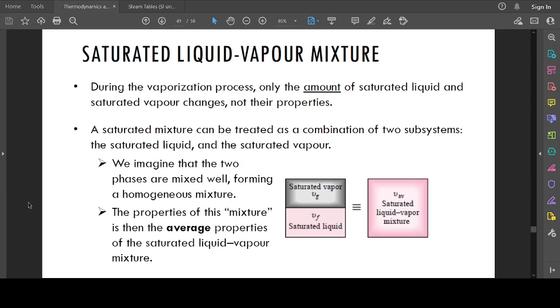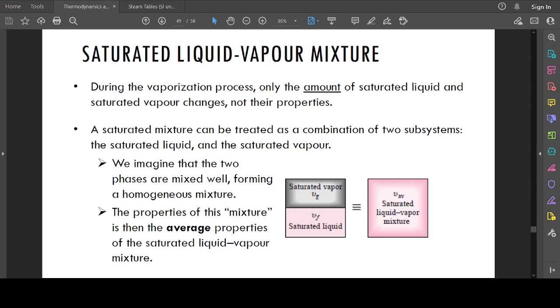Okay. So a saturated mixture can be treated as a combination of two subsystems, the saturated liquid and the saturated vapor. We imagine that the two phases are mixed well, forming a homogeneous mixture. The properties of the mixture is then the average property of the saturated liquid and vapor. So how do you calculate the specific volume of this mixture?